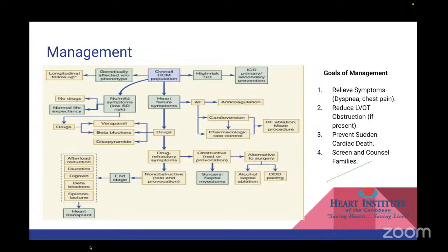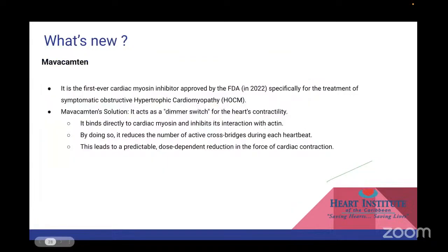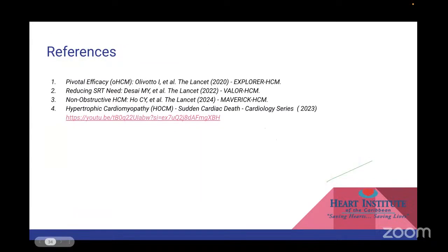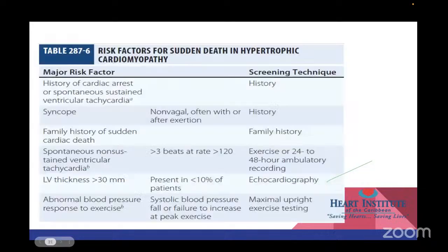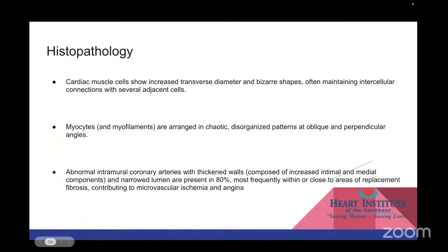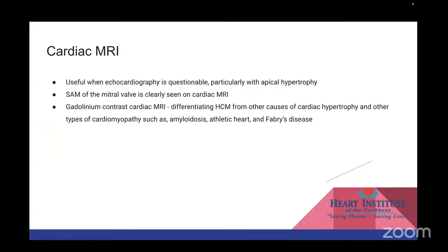Then when your echo is not conclusive, your cardiac MRI comes into play, also when you want to rule out other conditions that can give you that level of hypertrophy. We're talking of patients with aortic stenosis, amyloidosis, sarcoidosis. So cardiac MRI also comes into play to help you with this.